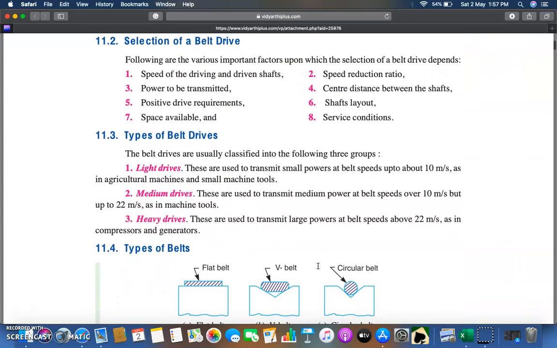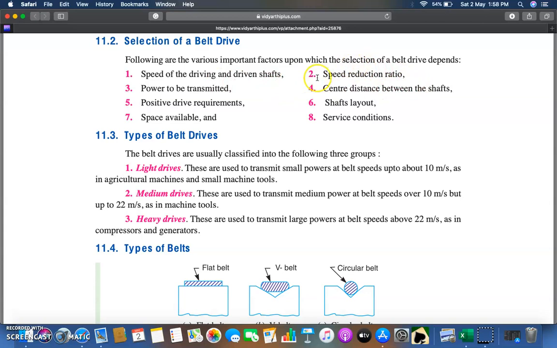The main important thing here is what you have to consider whenever you are selecting any belt drive. Following are the various important factors upon which selection of belt drive depends. Number one, speed of driving and driven shafts, meaning both shaft speeds are important criteria.